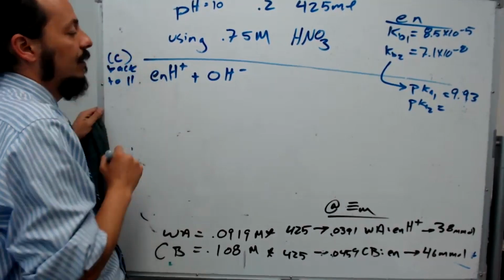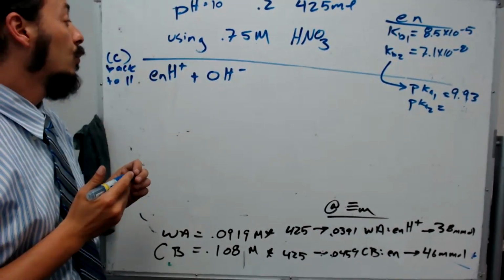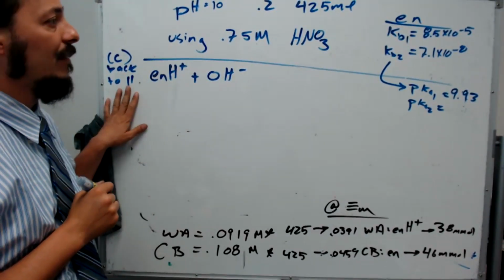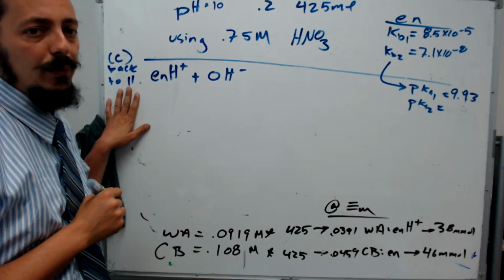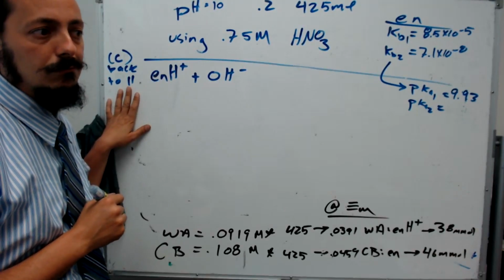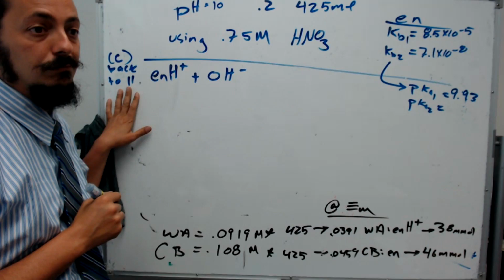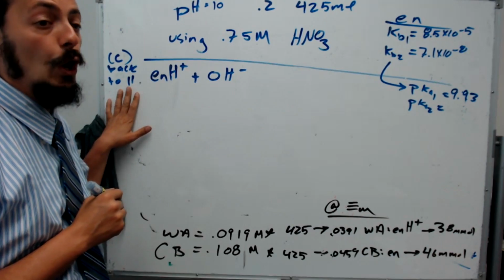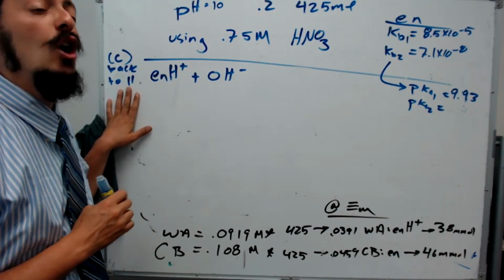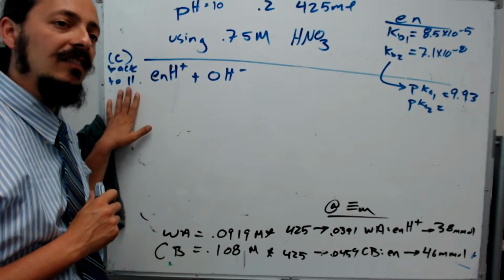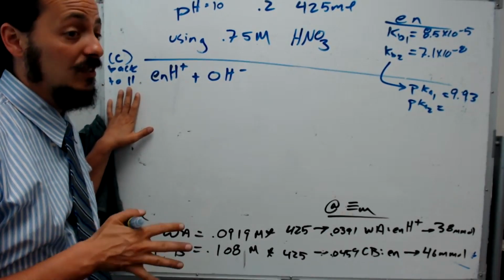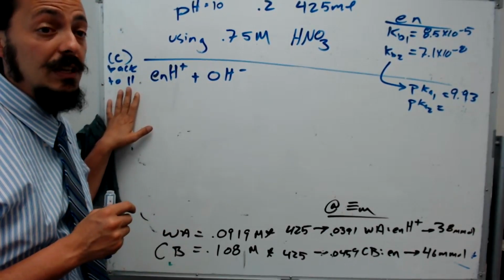Part C. So right away, I can look at pH 11 and say, is that in the buffer range? No, it's just outside the buffer range. Probably close enough that we can still use X is small, but we shouldn't. Like X is small is probably dangerous to use.